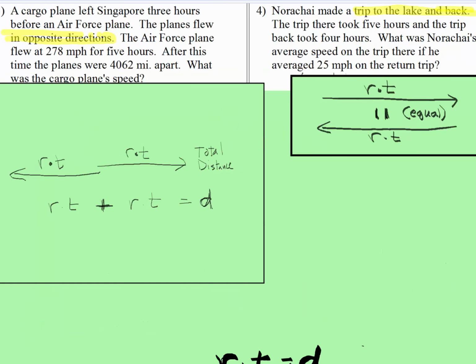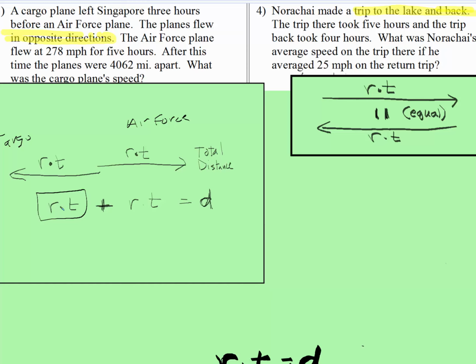So a cargo plane left Singapore three hours before an Air Force plane. The planes flew in opposite directions. So notice we have that right here. We have the cargo plane flying in one direction and the Air Force plane flying in the opposite direction.